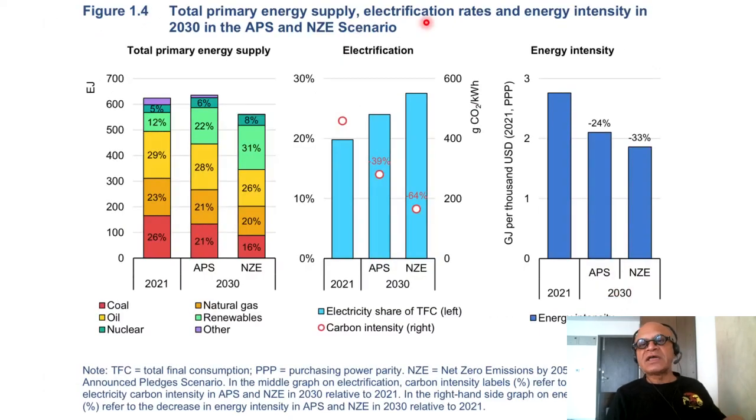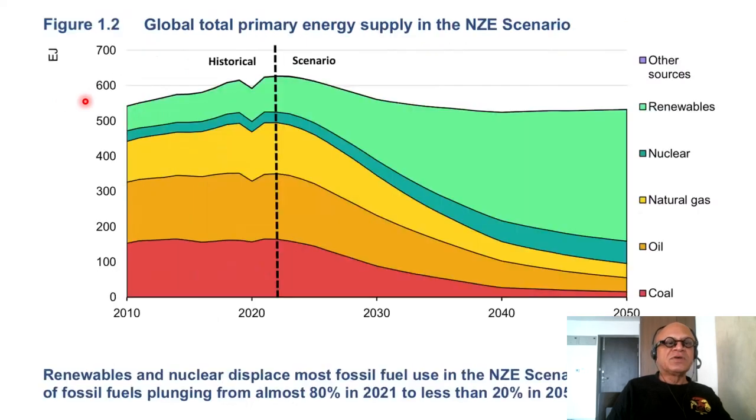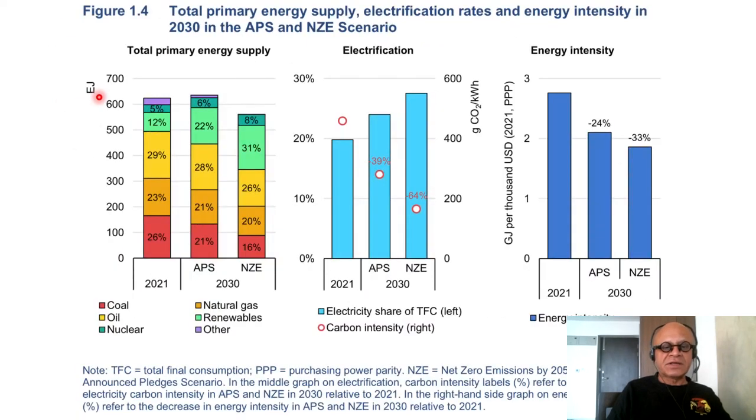Total primary energy supply, electrification rates, and energy intensity in 2030 in the announced pledge scenarios and net zero emission scenarios. You're looking at total primary energy supply. Here also we were looking at exajoules, and again exajoules here. So you can look at coal, oil, nuclear, natural gas, renewables, and others for 2021 and 2030, where the announced pledge scenarios are and what's the gap to actually stay on track for net zero emissions by 2050.